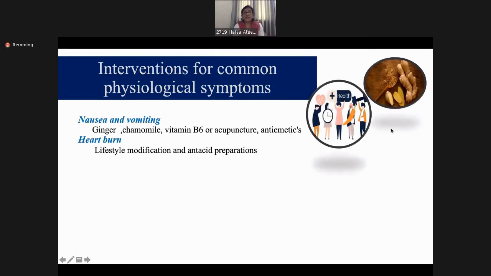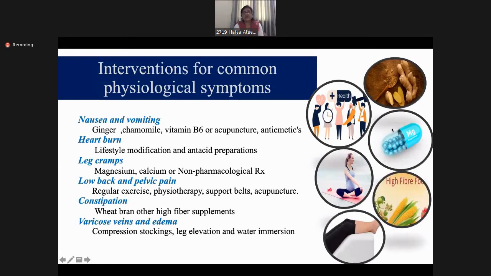Now, the intervention of common physiological symptoms. The common physiological symptoms of pregnancy include nausea and vomiting. You can ask them to take soft ginger. You can give certain medications. Heartburn is managed by simple lifestyle modification and certain antacids. Leg cramps can be prevented by giving calcium, magnesium supplements and non-pharmacological treatment like massage with oil.